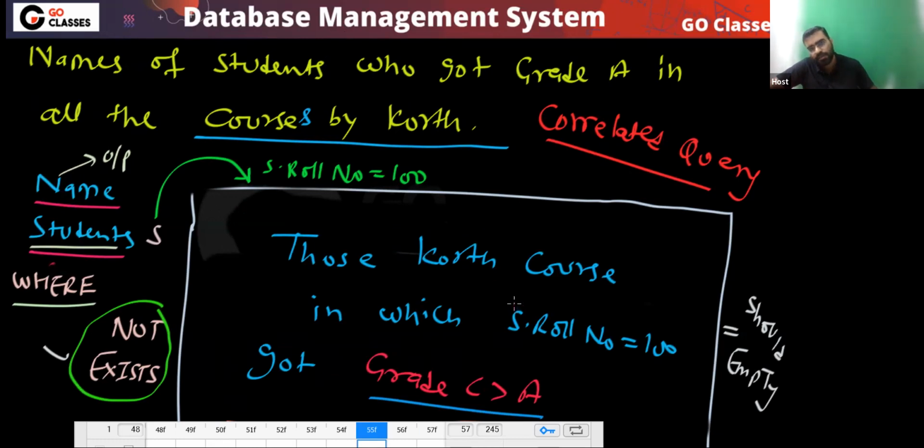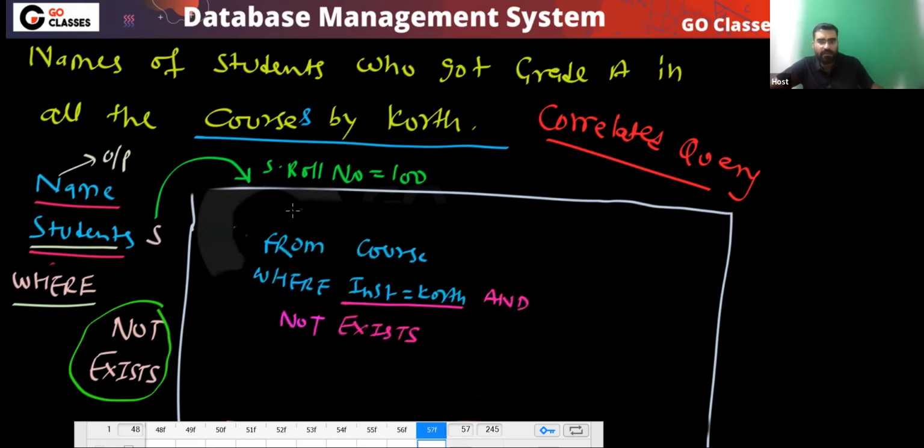Those courses should satisfy where he got grade A. So here I will select those tuples, or maybe those course numbers, from the course table. I will select those course numbers where the instructor is course and this student.